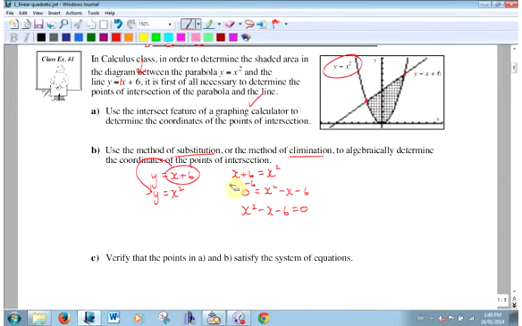Are you okay with that? Do you see, Brenna, what x has to be for this to be 0? Or do we want to do something else? Let's solve it. Can I factor that? Life would be nice if I could. What multiplies to negative 6 and adds to negative 1?